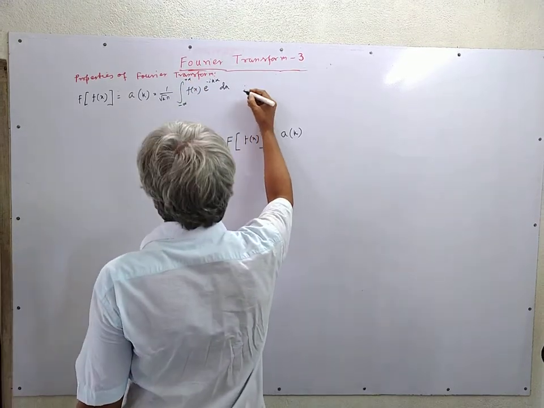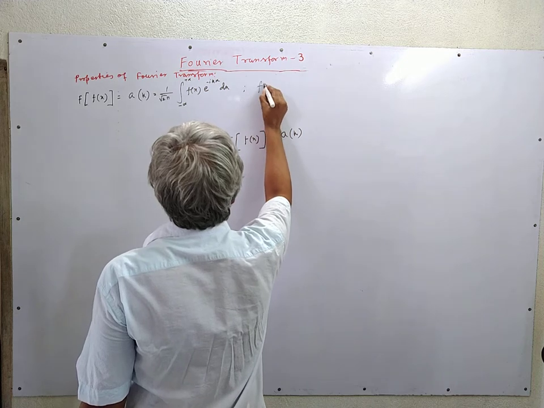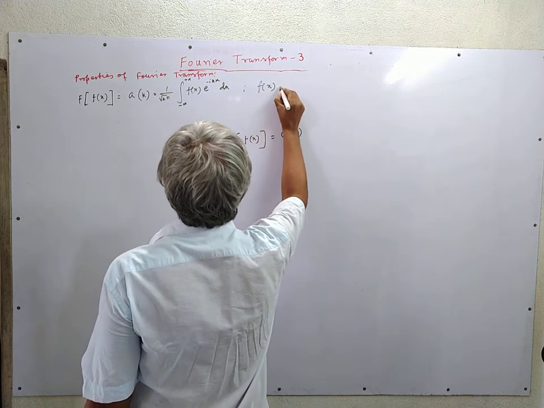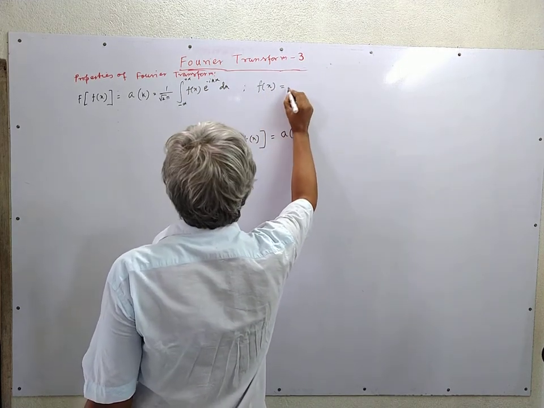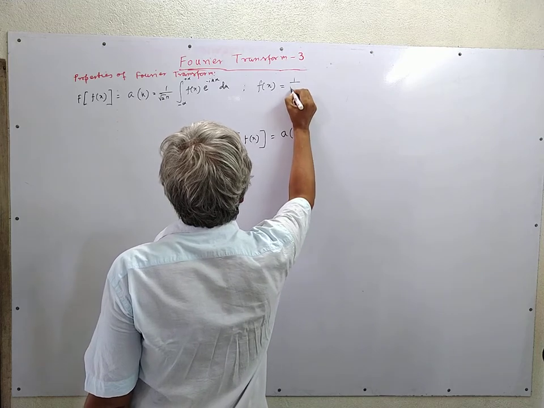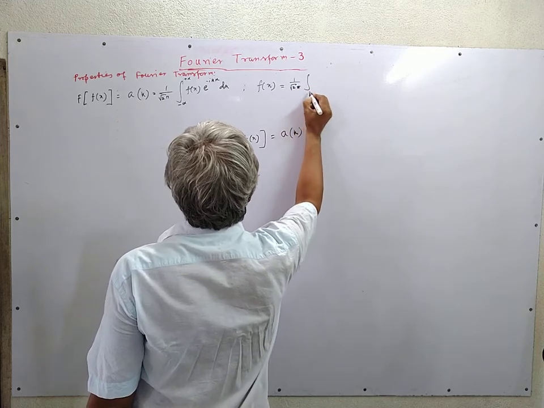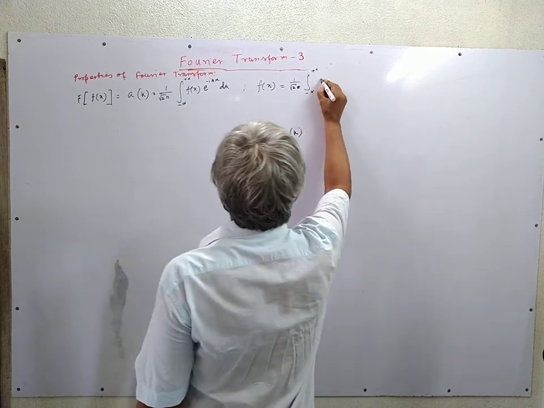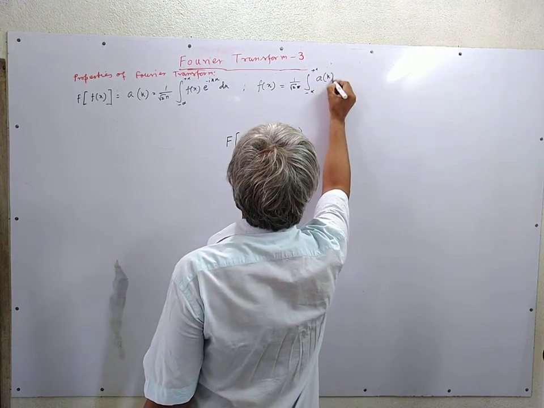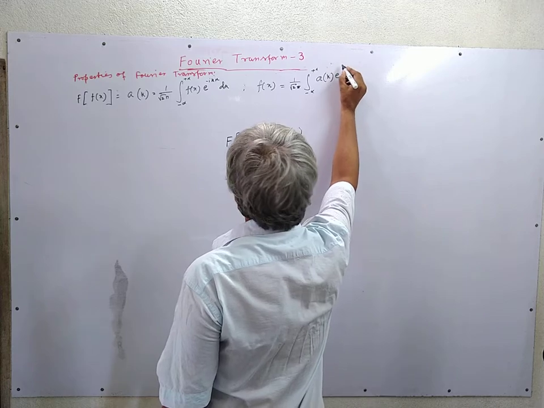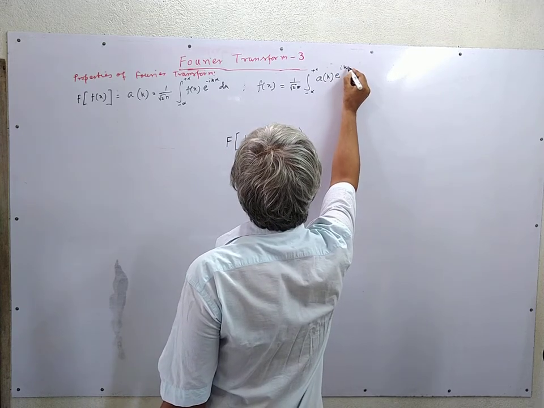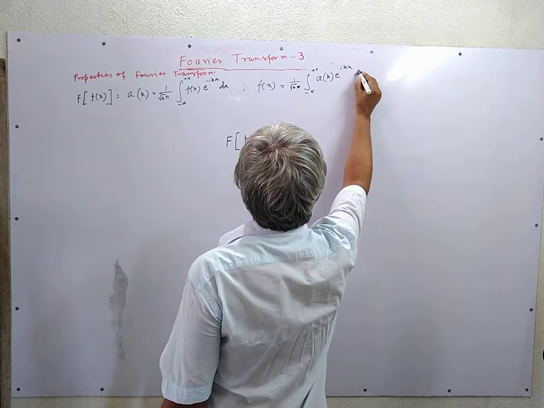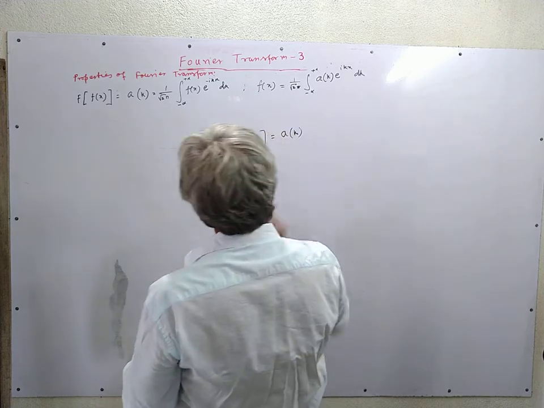And the inverse transformation is given by f of x. This is the Fourier transform pair.